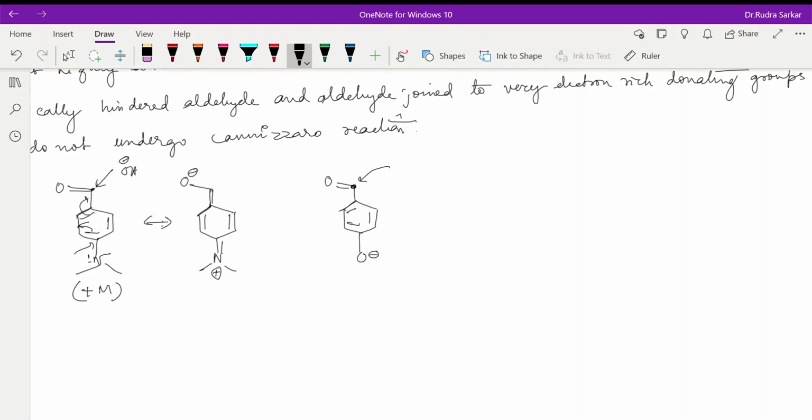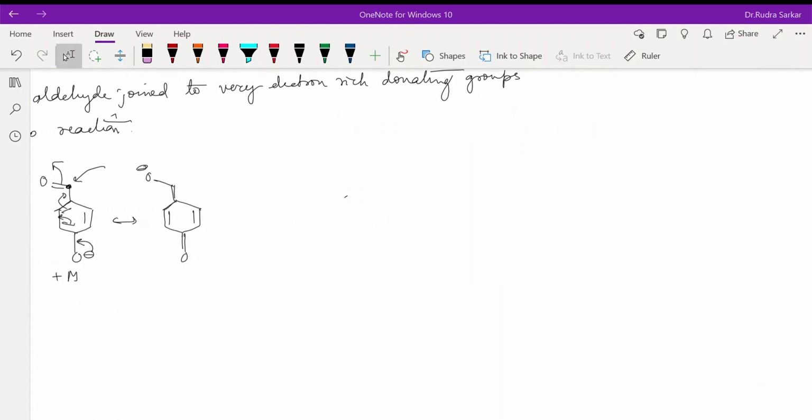Okay, but if such a plus M is happening towards the ring, then we can imagine that it is not electron deficient, and so the nucleophilic attack will not take place. Okay, so something like this. All right.